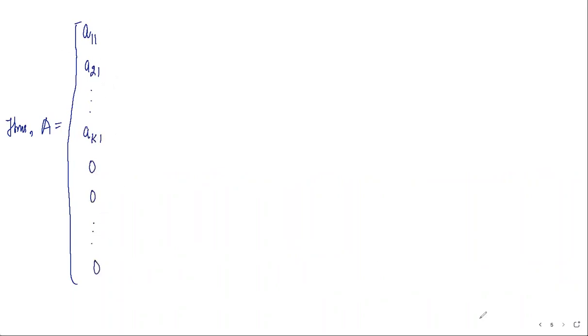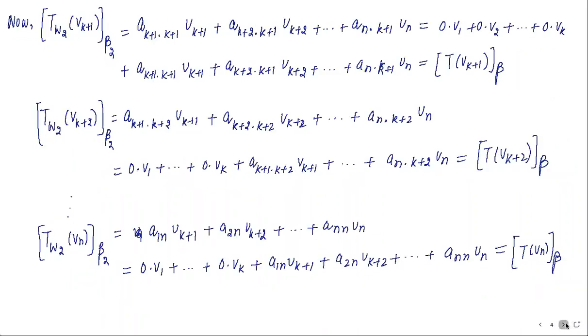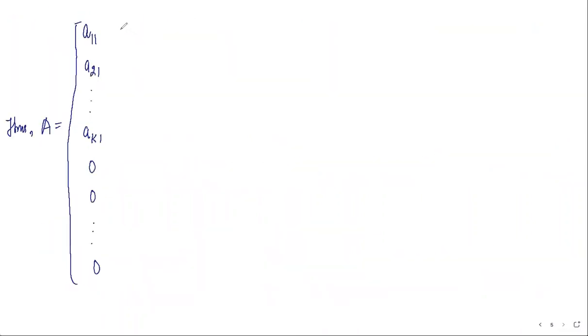And similarly the second column is the coordinate vector of T of v_2 relative to the basis beta. So it is a_{12} up to a_{k2}, and the remaining elements are 0. So it is a_{12}, a_{22} up to a_{k2}, then 0, 0, 0.